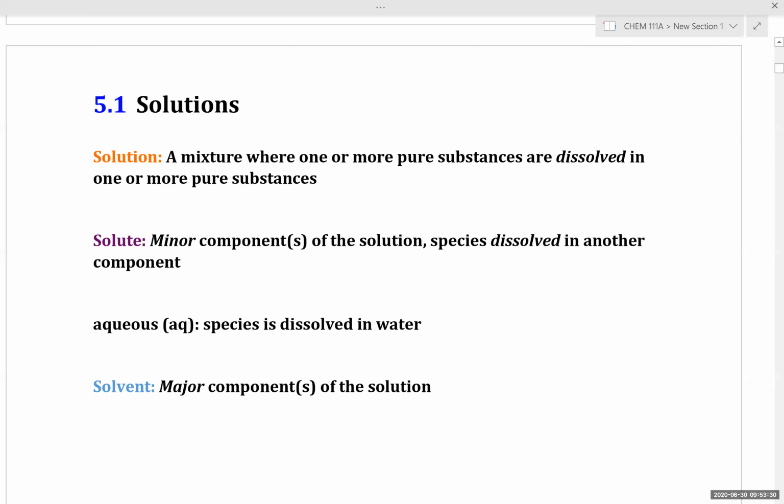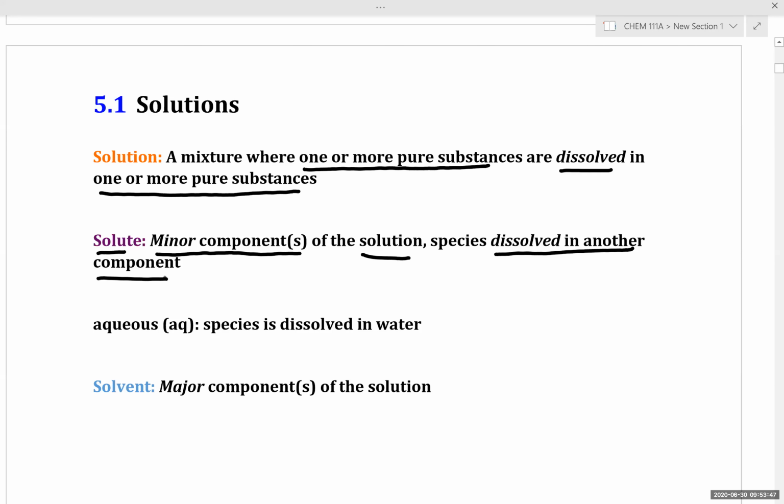A solution is a mixture where one or more pure substances are dissolved in one or more other pure substances. The solute is known as the minor component of the solution. It's the species dissolved in another component.